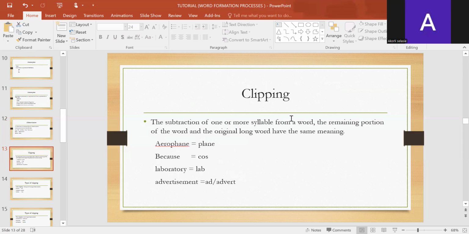Clipping, a long word, is the subtraction of one or more syllables from a word. The remaining portion of the word and the original long word have the same meaning. The syllables are dropped so that something which is long becomes shorter, or the word is reduced. Whichever way the word is used in the examination, I expect you to be able to identify this particular word formation process.